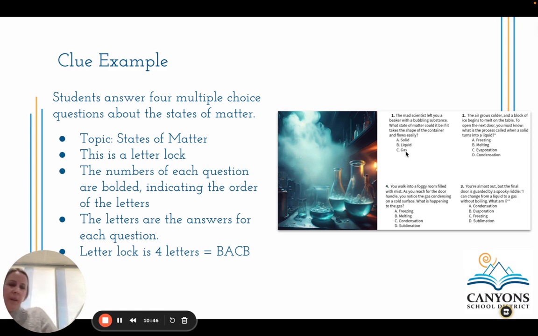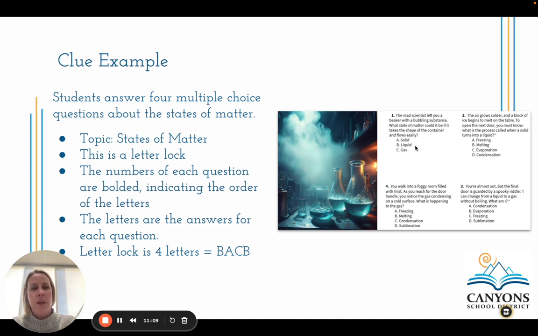Sorry, I think I put it in the wrong order. The hope would be that they actually would find out what the answers are. I'm recognizing that I think I put this wrong, but because the numbers are bolded, they would say, oh, the numbers are bolded, so it should go 1, 2, 3, 4. So whatever the answer is for this question.